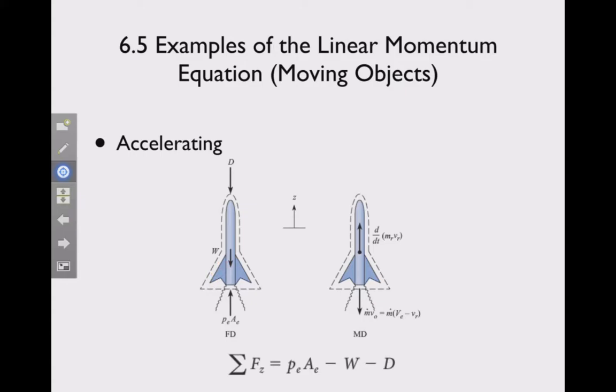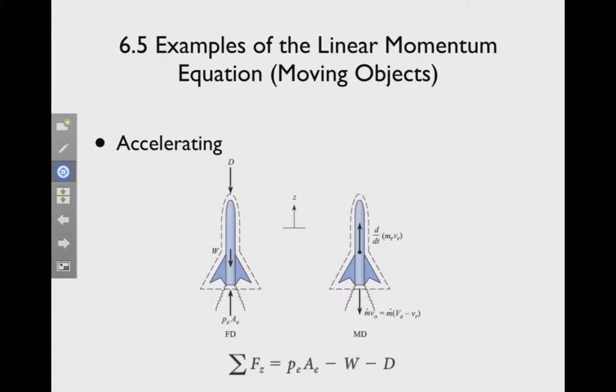So basically we have a jet of fluid coming out the bottom of the rocket, but that's creating a pressure inside the rocket, which is propelling it upward. That's going to be pressure above atmospheric, or gauge pressure. And so the sum of the forces in the z direction is really just this pressure force, which is propelling it upward, minus the weight and minus the drag.